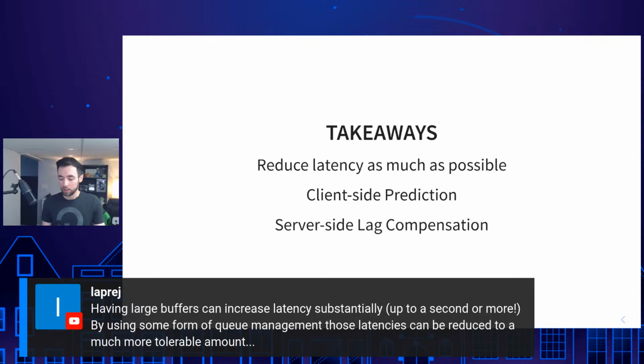Some things you can do to help mitigate that is to use simple forms of compression. Rather than always sending the full player state or full game state to players at a specific interval, you can only send them the things that have changed. That really reduces the amount of data you have to send.